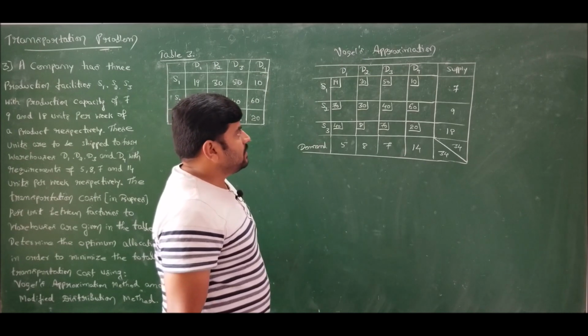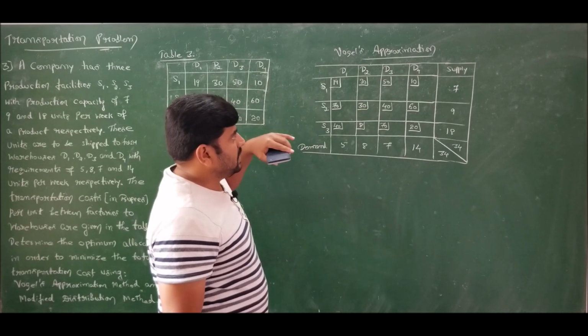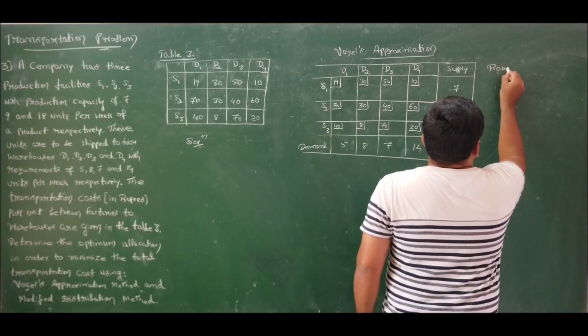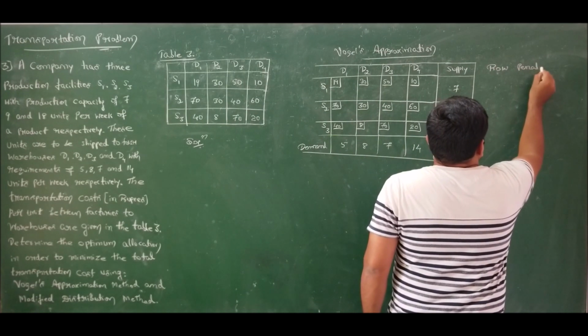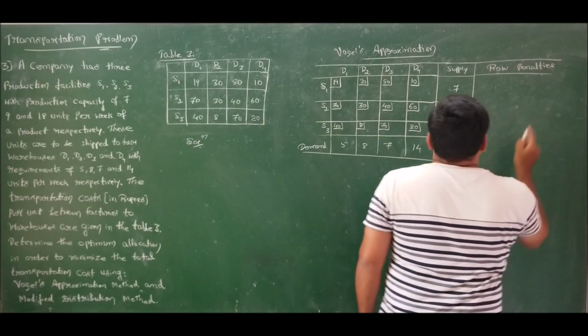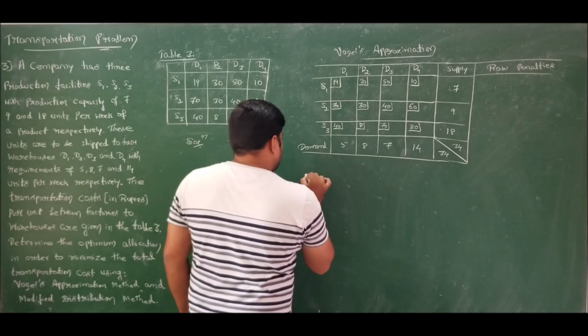Since Vogel's approximation method is a penalty method, we want to calculate row penalties, and also we should calculate column penalties.